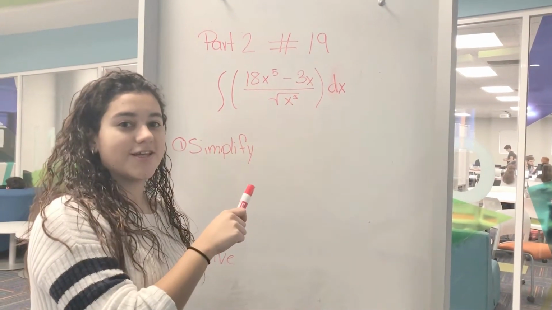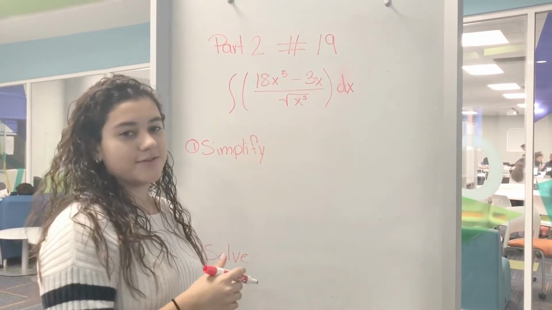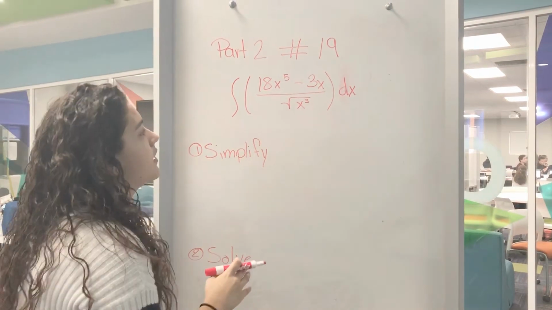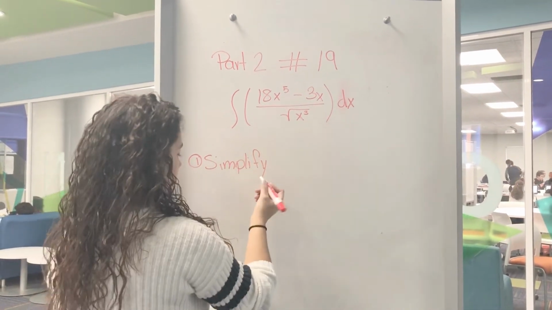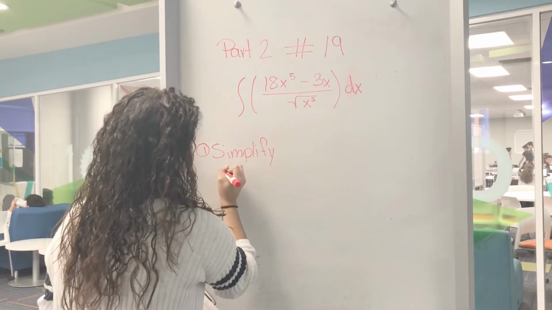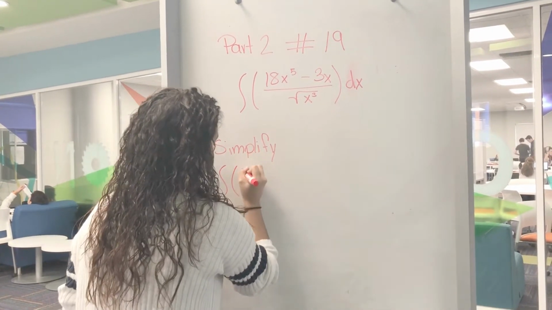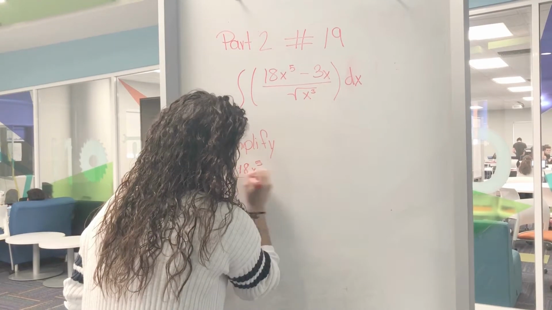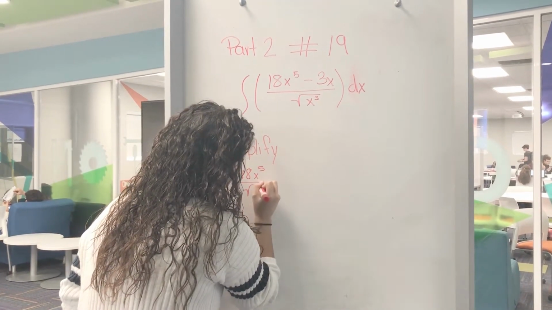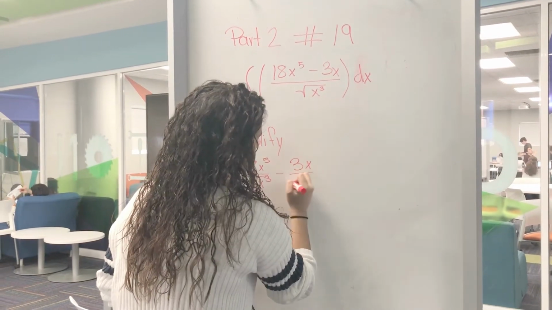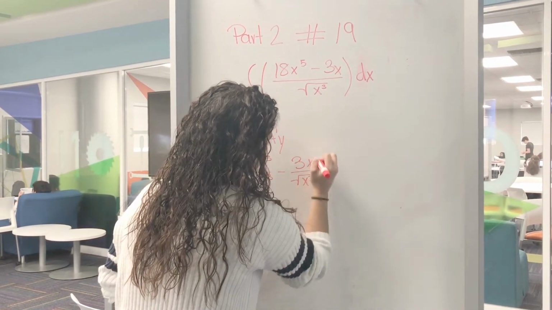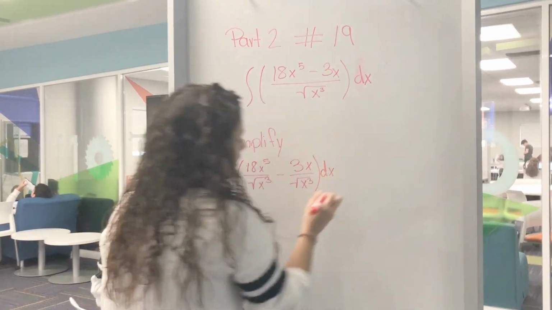For the next problem is of lab part 2, number 19, and it's antiderivative. So we have to simplify, and to simplify we place the denominator in both the numerators like this: 18x to the 5th power square root of x to the 3rd power minus 3x over square root of x to the 3rd power dx.